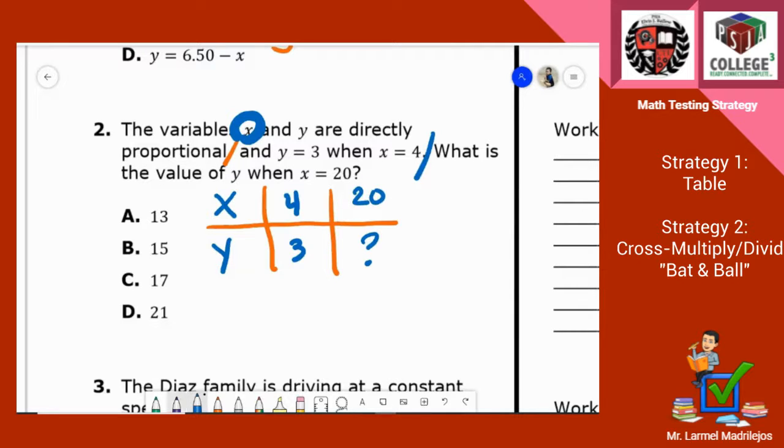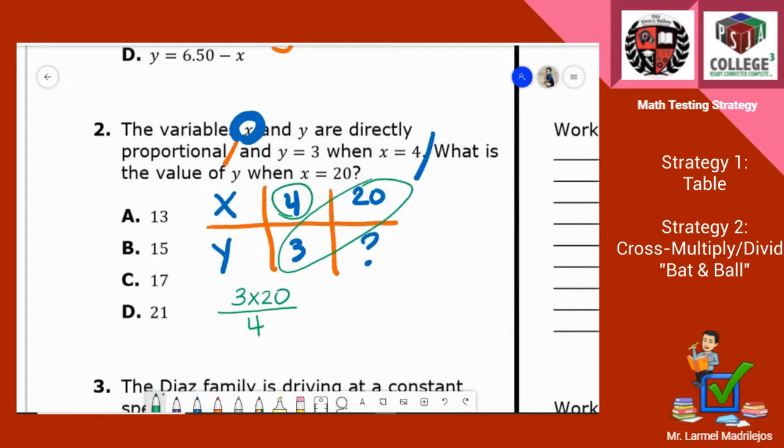So what I'm going to do here is use another strategy, cross multiply, bat in the ball. The bat will be multiplying 3 times 20 divided by the ball, 4. So I'm going to do 3 times 20 divided by 4.